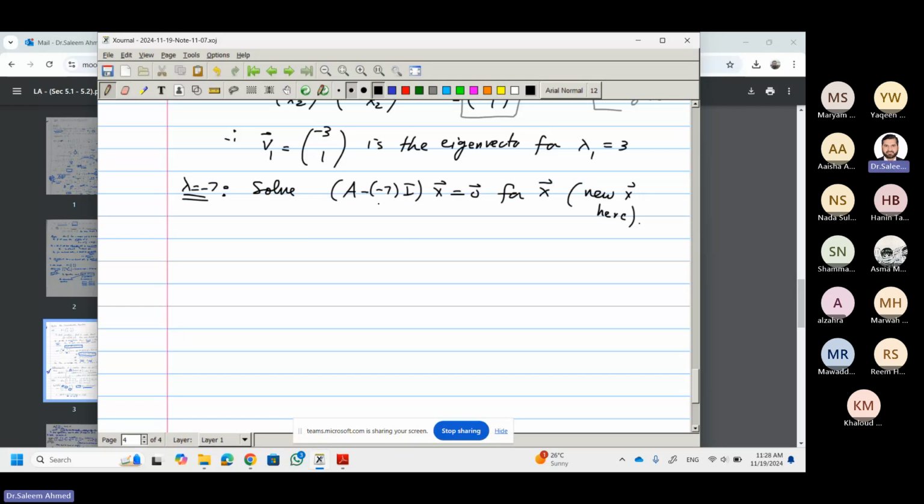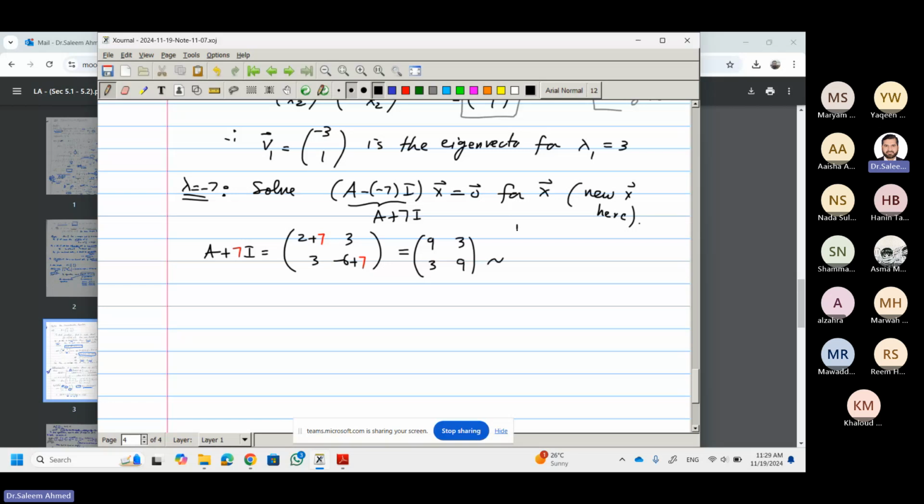So now this is A plus 7I. So 2 plus 7, 3, 3, minus 6 plus 7. I am adding 7 in the diagonal entries only. If you do that, it is 9, 3, 3, 9.